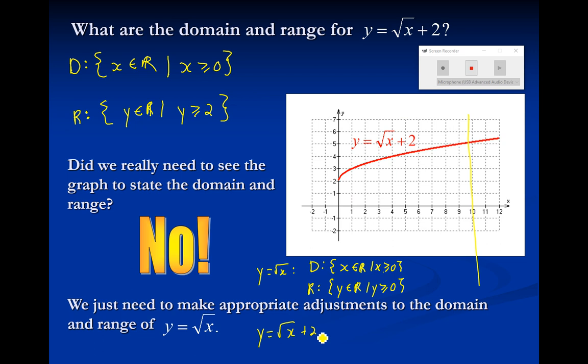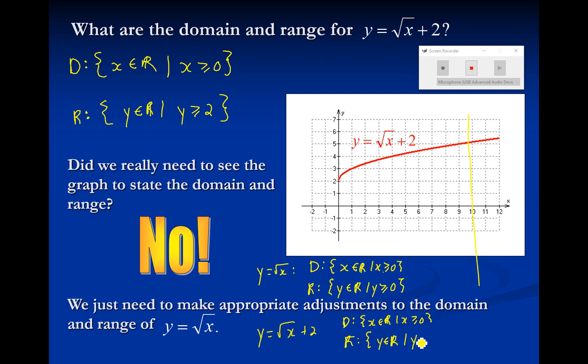And if that was difficult to answer, just graph them. But you could technically say, if I'm moving up 2, then the domain stays the same, and the range I've got to move up 2. So y element of reals such that y is greater than or equal to 2.